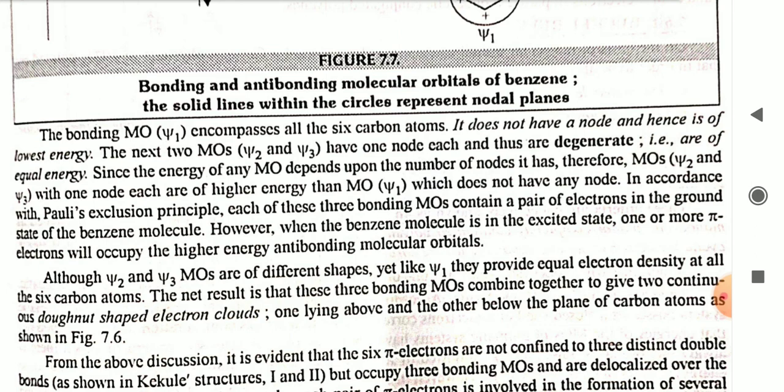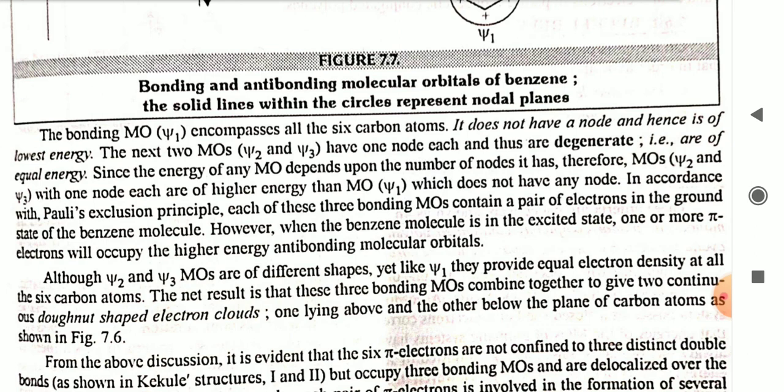In accordance with the Pauli exclusion principle, each of these three bonding MOs contains a pair of electrons in the ground state of the benzene molecule. However, when the benzene molecule is in the excited state, one or more pi electrons will occupy the higher energy antibonding molecular orbitals.